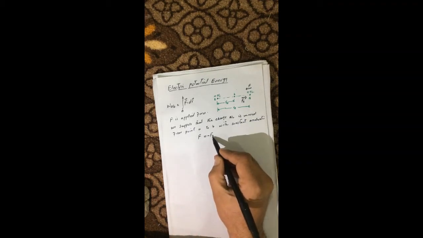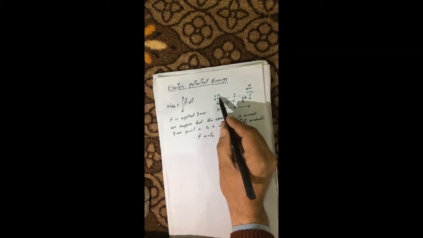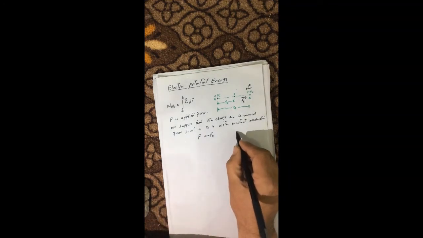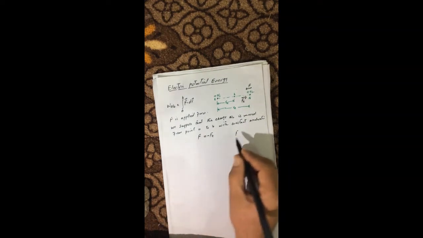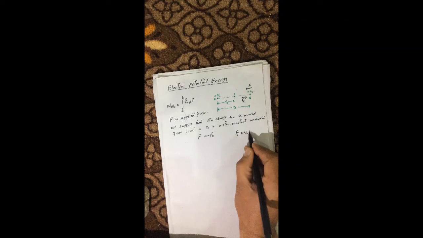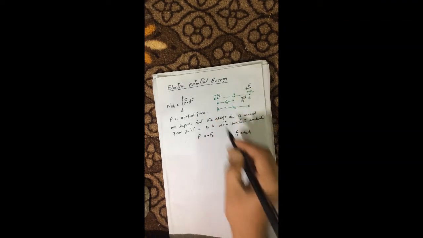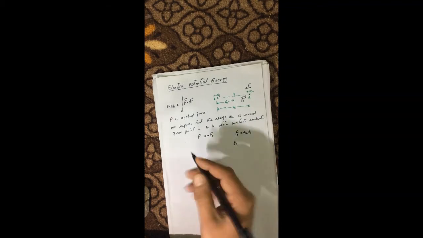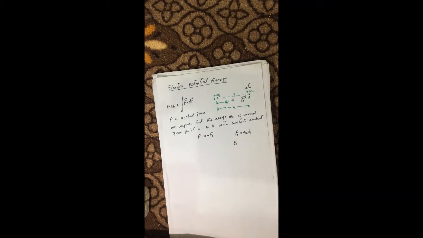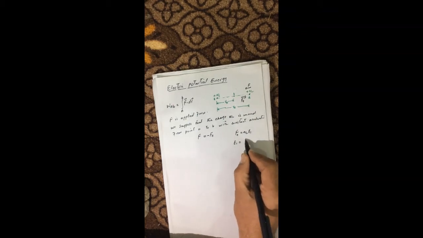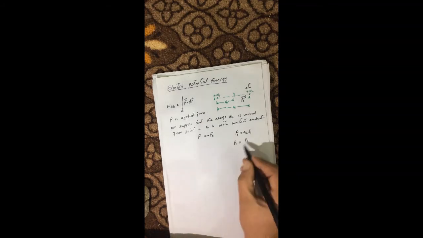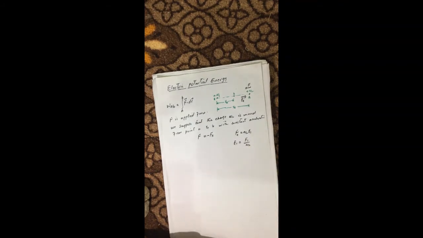This is the electric force exerted by charge Q1 on Q2, and we know that this force is Q2 times E1, because the electric field of charge Q1, which is the source charge, is equal to the force exerted by the source charge Q1 on a test charge Q2, divided by Q2.